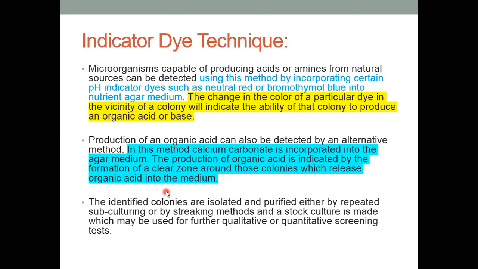Then there is an alternative to this method, and that alternative is that you can use calcium carbonate. Calcium carbonate is a salt, and it is white in color. So when you add calcium carbonate in the agar medium, it's going to make the medium cloudy, a white cloudy medium.